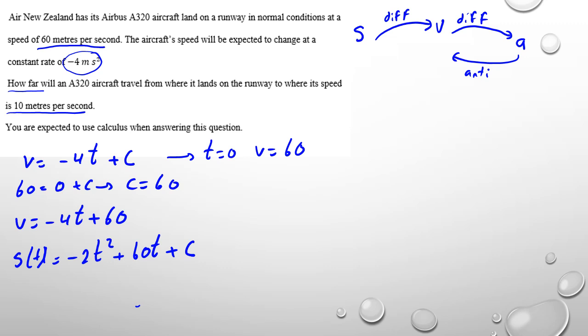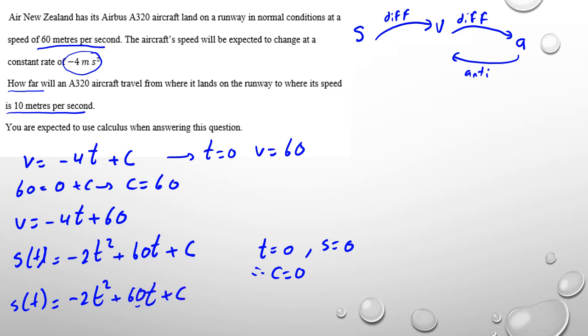Now when the aircraft has not moved, when the distance is 0, the time is 0. Initially everything is 0, so c is 0 if you substitute everything. So the distance formula is -2t squared plus 60t plus c.